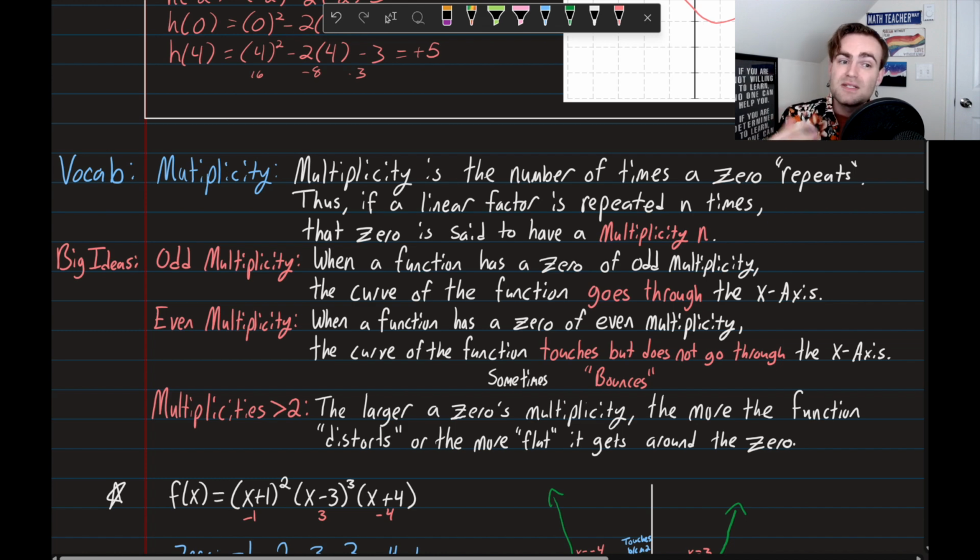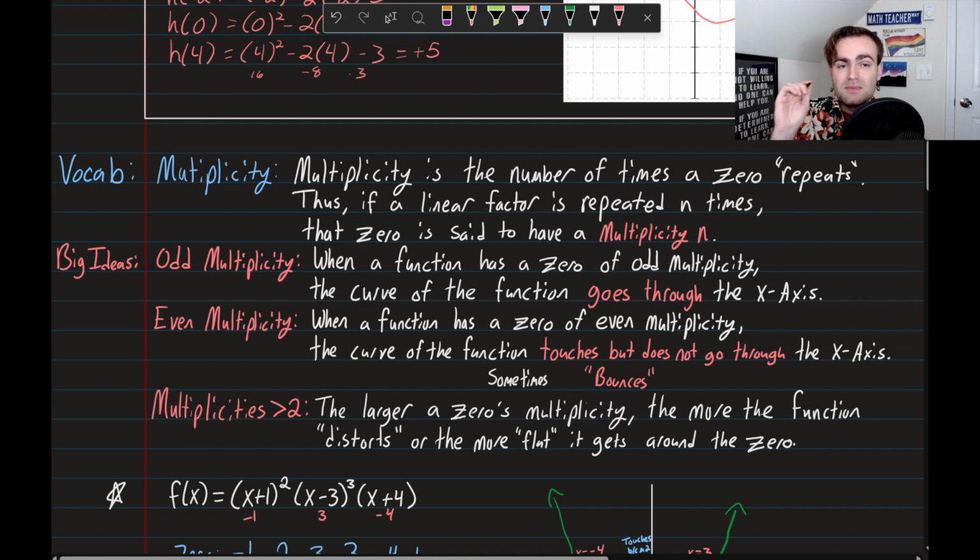So most of the time, zeros have a multiplicity of 1, but weird stuff happens when we have multiplicities of 2, 3, so on and so forth. So the big idea with multiplicities is if you have an odd multiplicity, it's going to go through the x-axis at that 0.